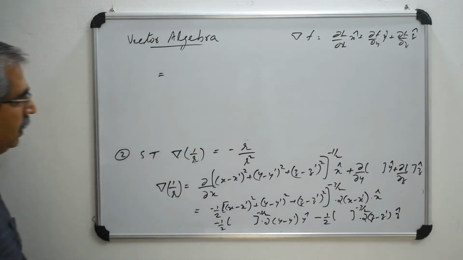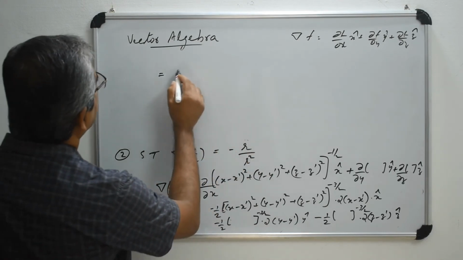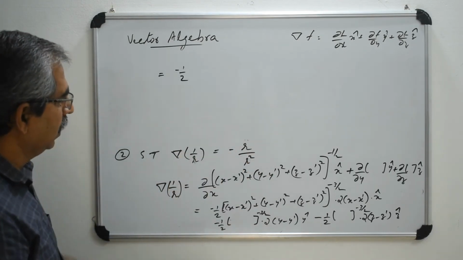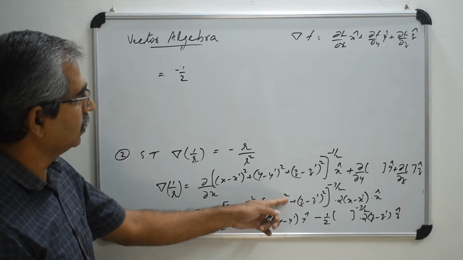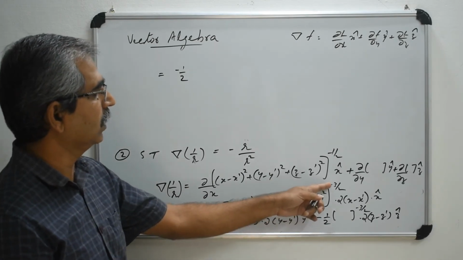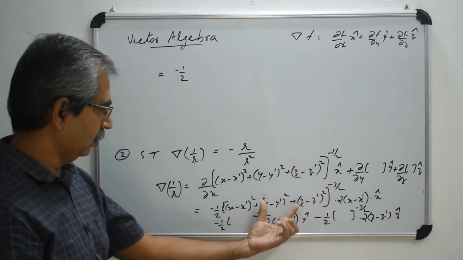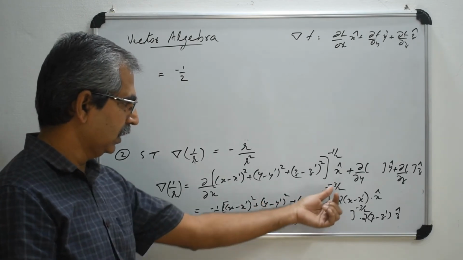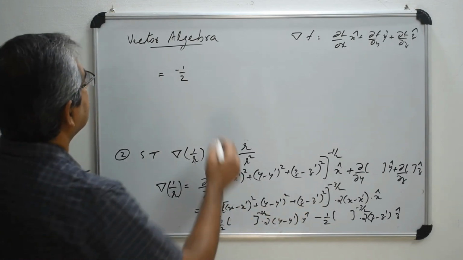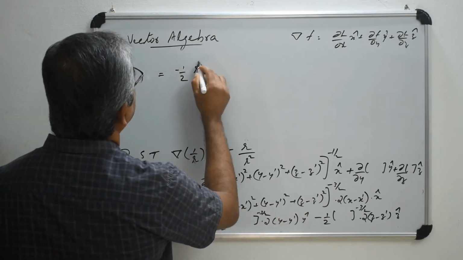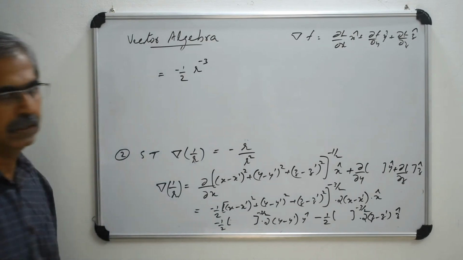Now, how will you combine this? That is minus half into this one, x minus x dash the whole square plus y minus y dash the whole square plus z minus z dash the whole square raised to minus 3 by 2. So that will be raised to half is the magnitude, isn't it? So that will be r raised to minus 3, isn't it?